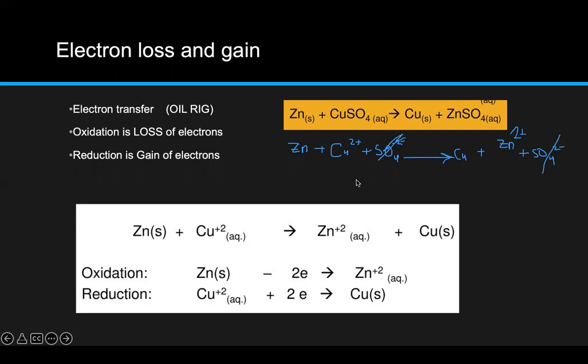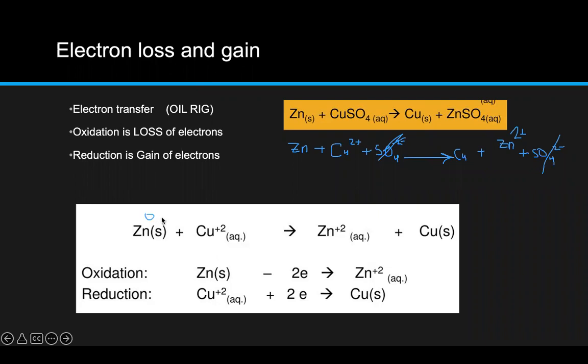While here, copper and zinc have been changed and are different. So you can see here this final ionic equation where zinc has an increase in the oxidation state, which we'll talk about in a bit. So zinc had a charge of 0 at first, and it has changed into +2.